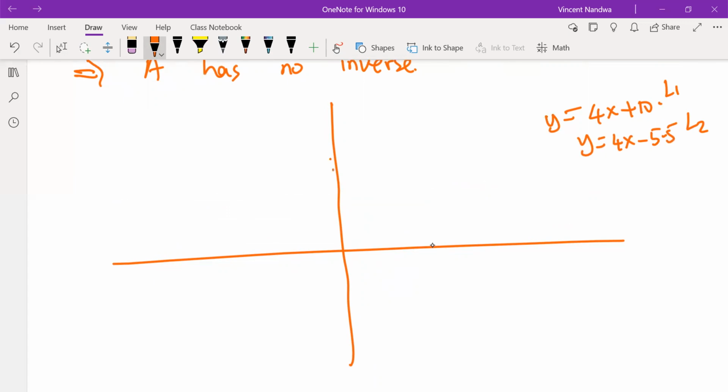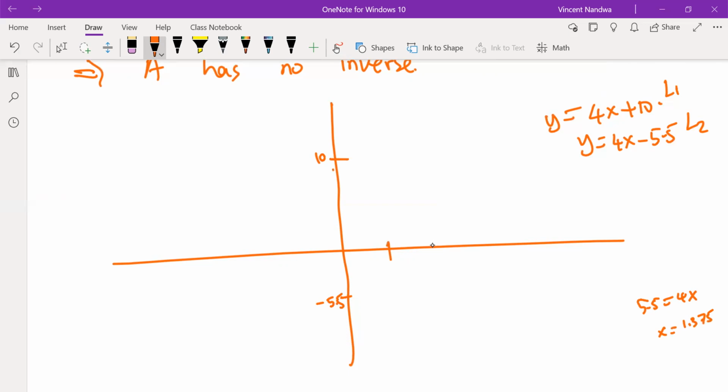Let's say 10 is here. And then this other will be negative 5.5. And then x-intercept when y is 0. So for this other line, we'll have 5.5 equals 4x. So 5.5 divided by 4 is x is 1.375.